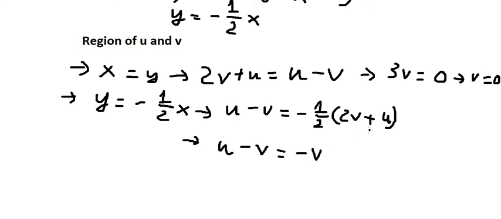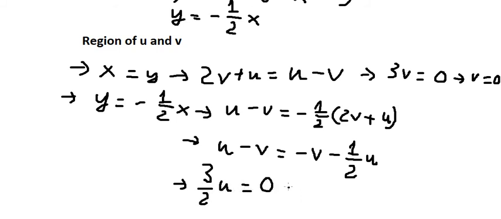Negative 1 over 2 multiplied by u, we have negative 1 over 2 u in here. So we simplify negative v on both sides, and we put this one to the left. u plus 1 over 2 u, we have 3 over 2 u equals number 0. So we have u equals number 0.